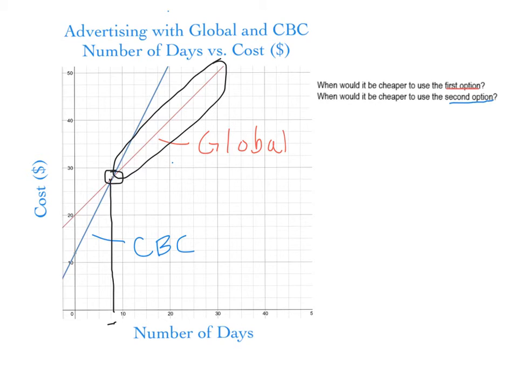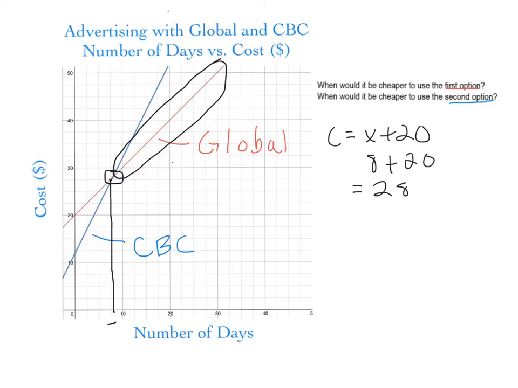Now if I wasn't sure from looking at my graph, I could tell this by writing the equation and checking to see what the price is at 8 days and then at 9 days and comparing the two. So for global, C equals X plus 20. If I check for 8 days, I'm going to substitute 8 in for X: 8 plus 20 equals 28. That was for global.